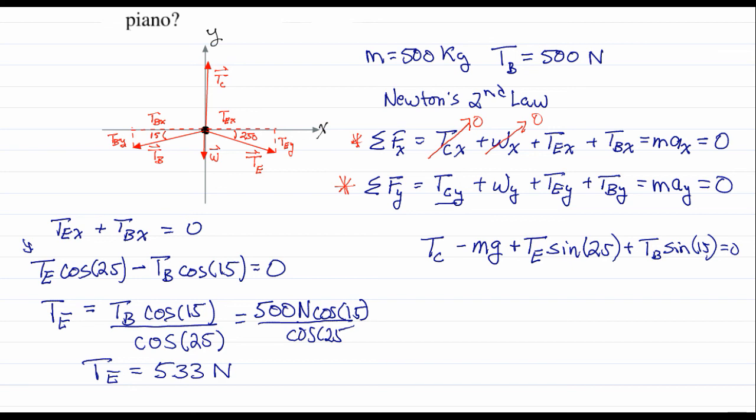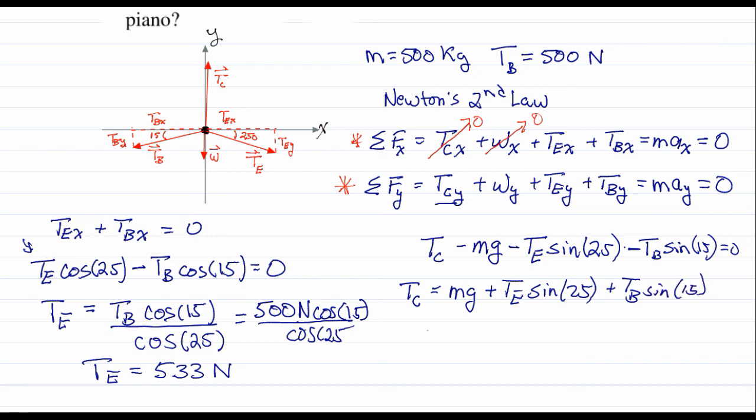I made two mistakes here. This and this should both be negative. There. So we can solve for the magnitude of the tension in the cable, and that's just equal to mg plus TE sine 25 plus TB sine 15.